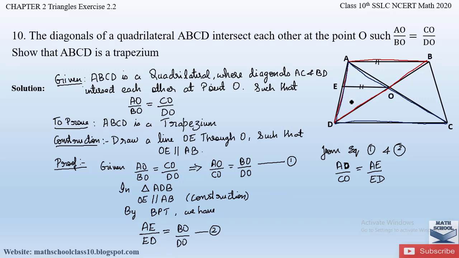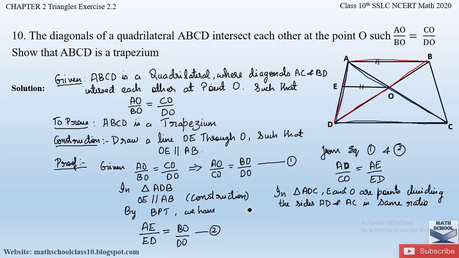So let us write down: in triangle ADC, E and O are the points dividing the sides AD and AC in the same ratio. Therefore, by the converse of BPT, we can say that OE is parallel to CD.